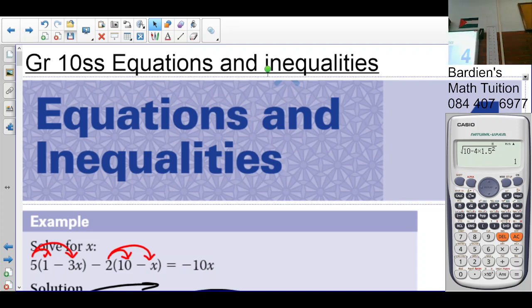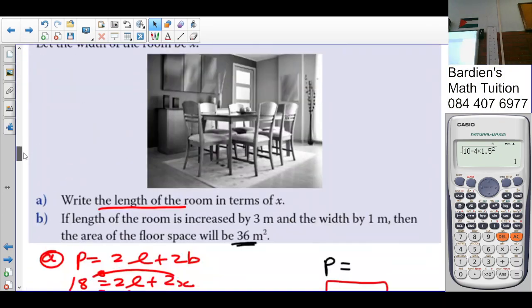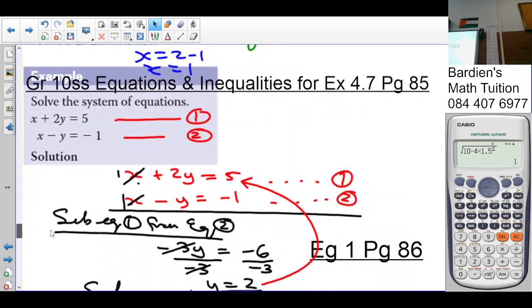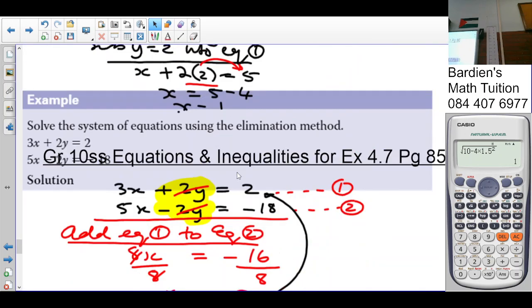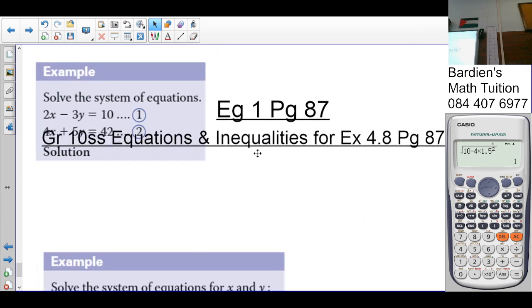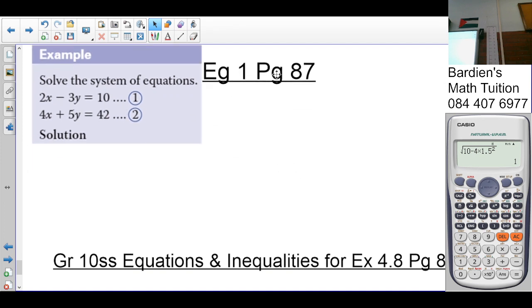Alright, good morning class. So at this point we're looking at equations and inequalities. We're looking at the example for exercise 4.8, is that correct? 4.7 was homework for yesterday, correct? 4.8.